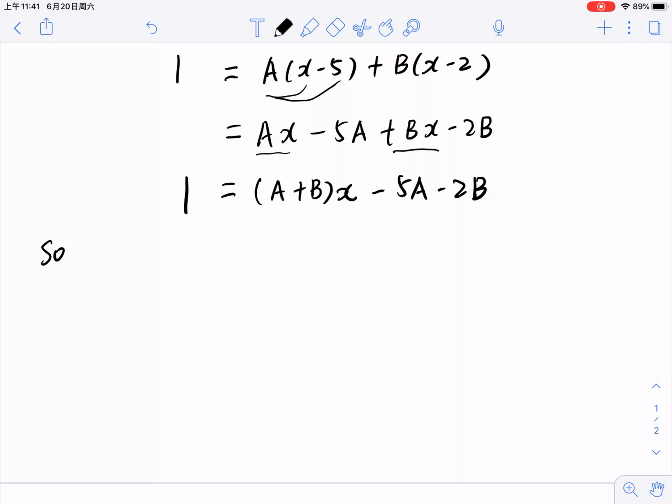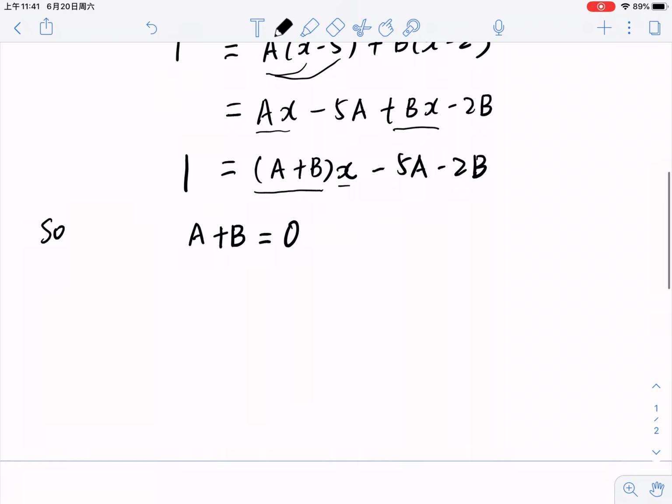So for the right-hand side, the coefficient of x is A plus B. So we have A plus B is equal to the coefficient of x on the left-hand side. The coefficient of x on the left-hand side is 0. Right?